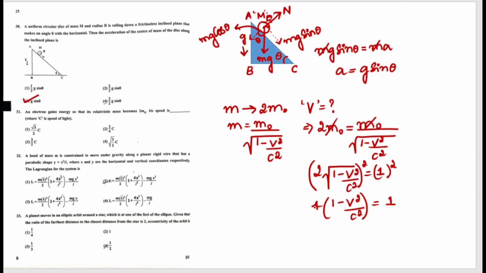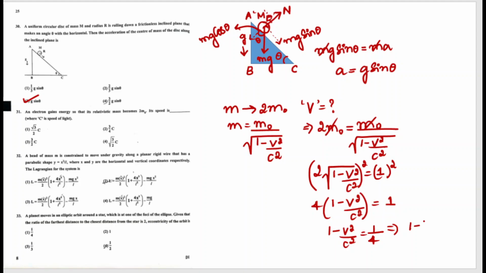So I'll take this 4 to my RHS. It will be 1 minus v square divided by c square equal to 1 divided by 4. So I'll take v square by c square to the RHS and 1 by 4 to the LHS.